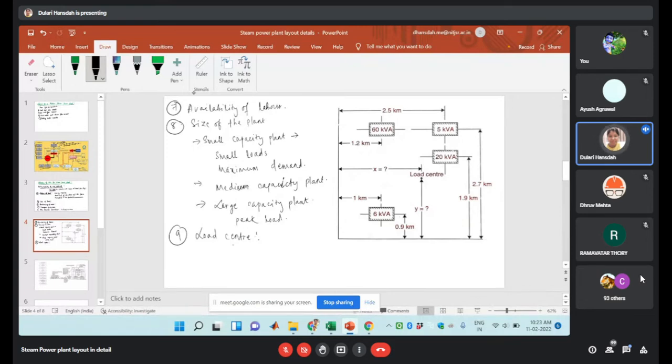If you are observing this figure, this is the figure for the load center. Here two arbitrary axes we have taken. Suppose it is giving this amount of power generation, so the distance is given like this. And this is the location of the load center.